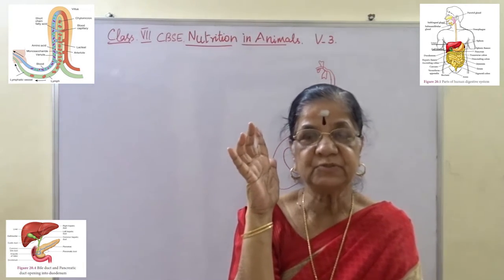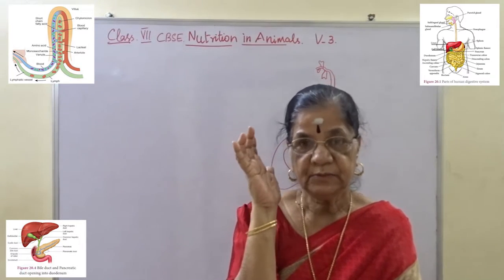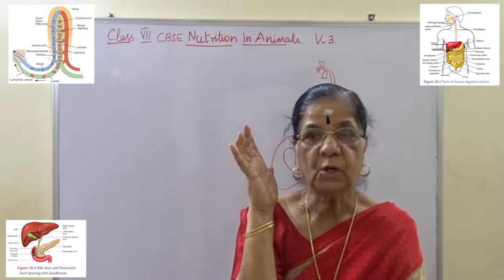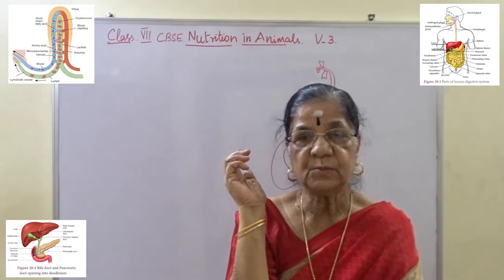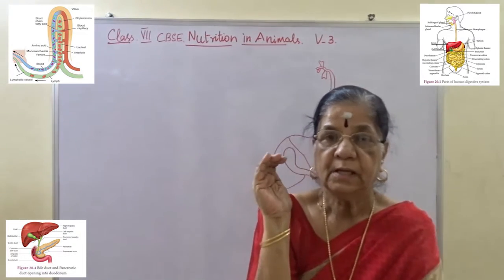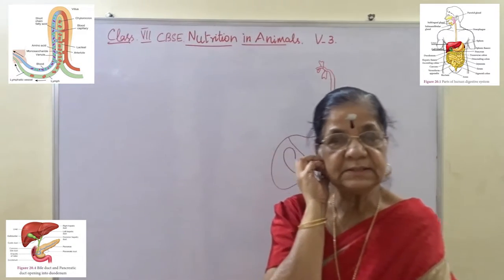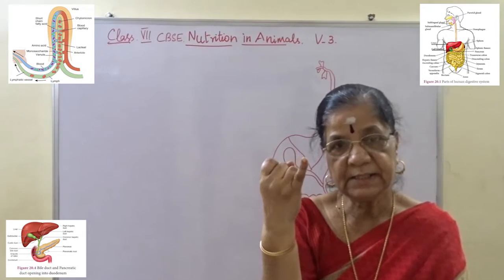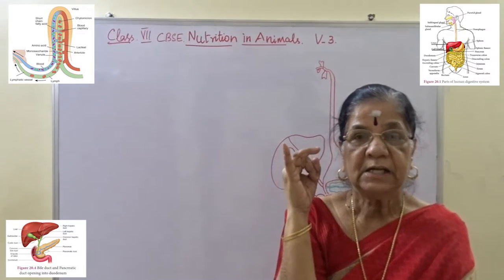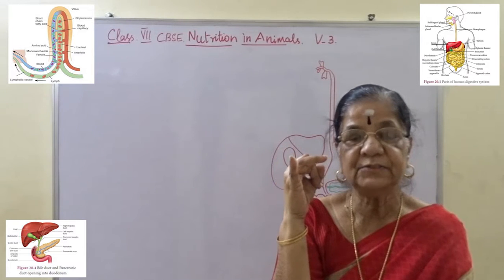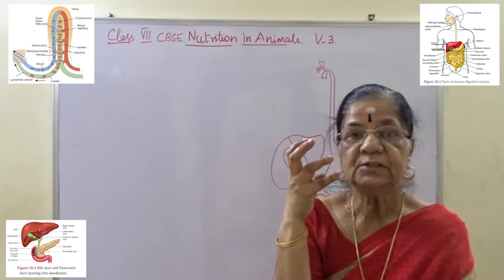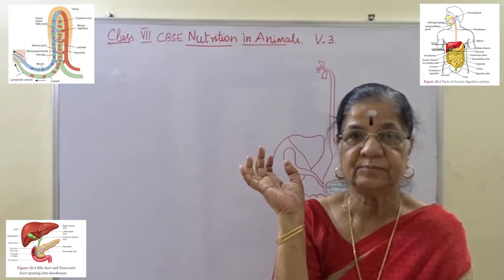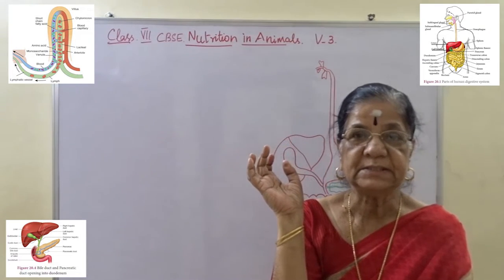These 5 steps take place with the help of a proper, well-formed organ system. In man, it is the alimentary canal or digestive tract with the associated digestive glands. Together they are known as the digestive system. I hope you understand this.